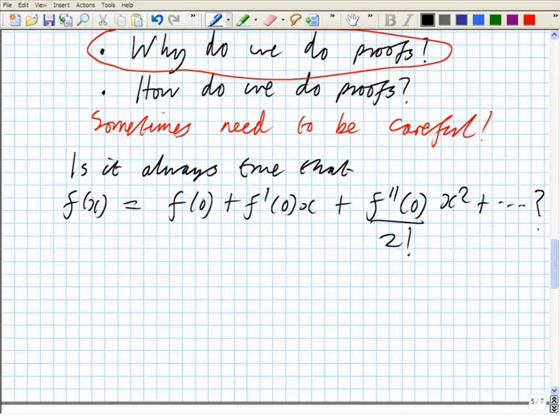For example, can every function be differentiated? Are there some functions you can't differentiate? Does anyone know a function you can't differentiate? Yes? That's right. If you have a discontinuous function, you can't differentiate it, so you're in real trouble. So that's a good example. Discontinuous functions give you trouble.